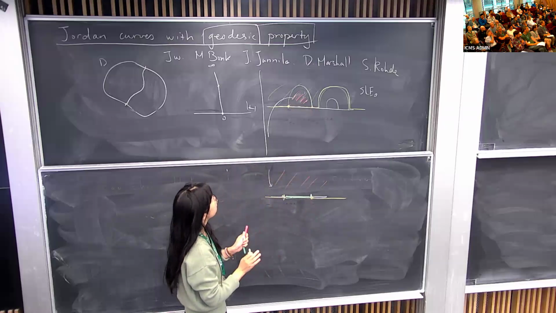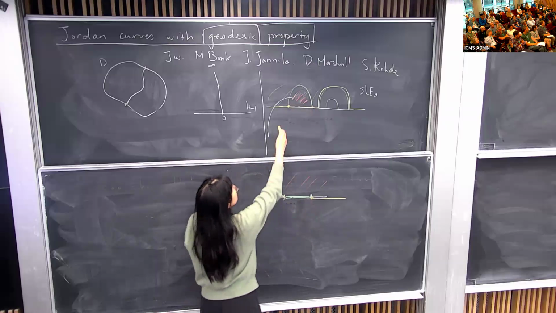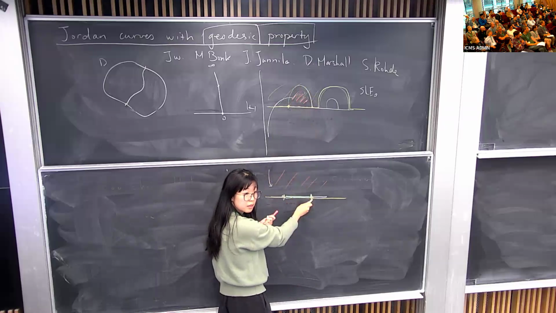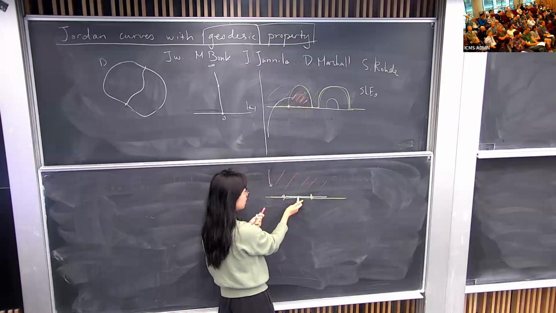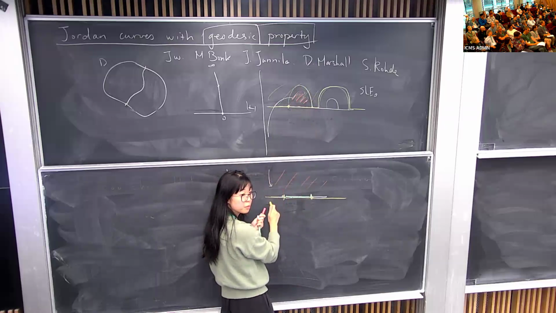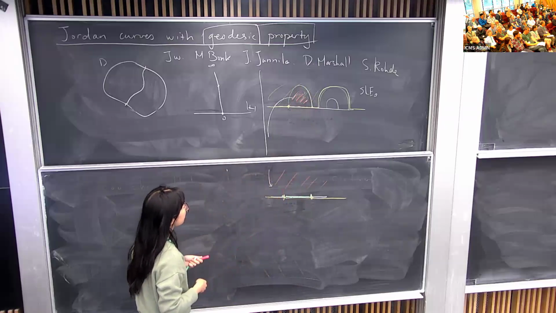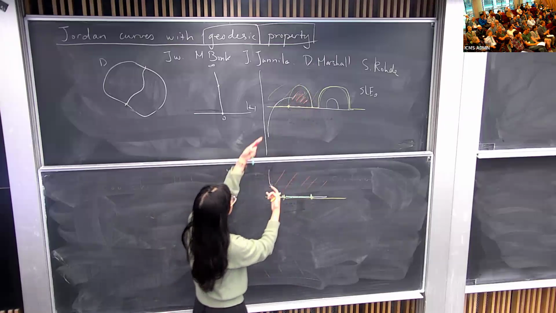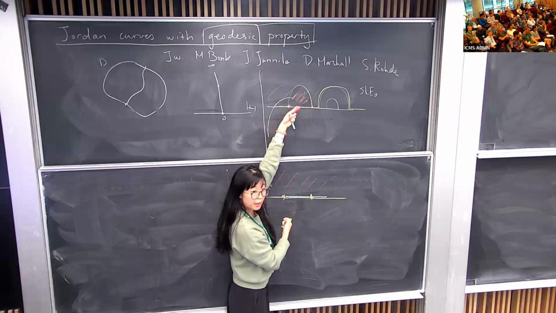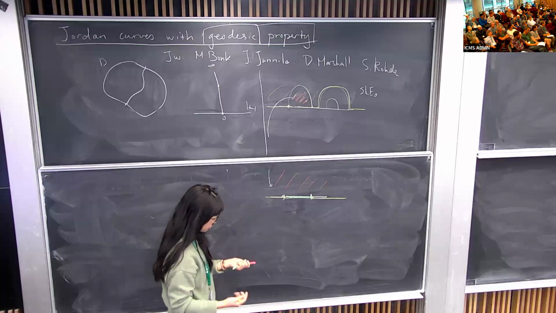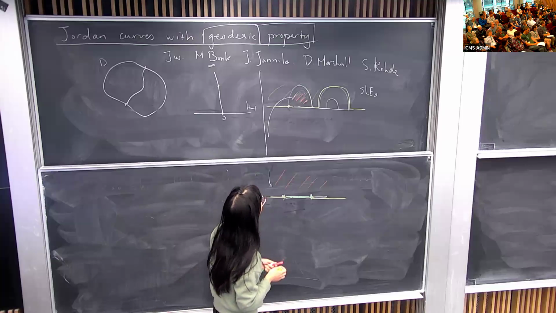The geodesic property tells me that this green curve has to be mapped to this line because this is the hyperbolic geodesic. It is the set of points where, if I start the Brownian motion, it has to hit up or down with equal probability. So in other words, this new map extends my previous conformal map. Everything I use is the geodesic property.